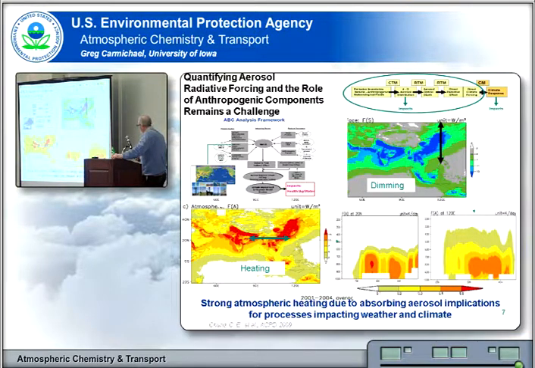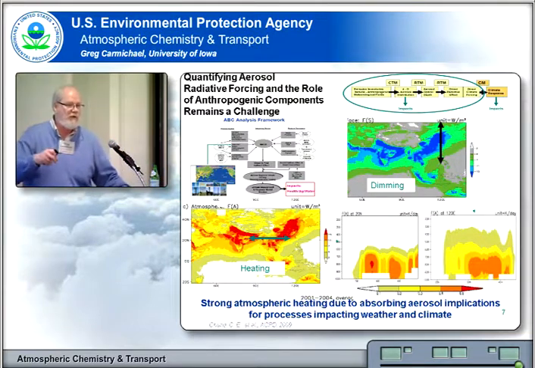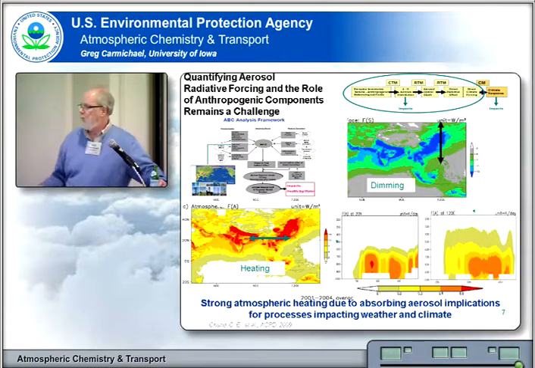What's important here, if we look across India, is that the heating rate is very strong above the surface. That has critical information for helping us think about the interactions with cloud, the overall forcing rate, as well as the dispersion of pollutants. We changed the stability structure of the atmosphere.